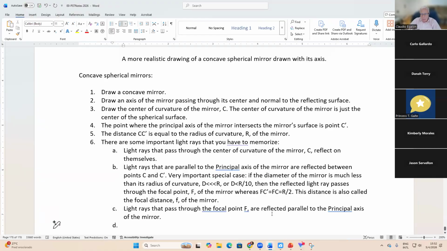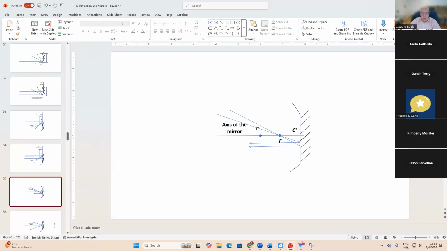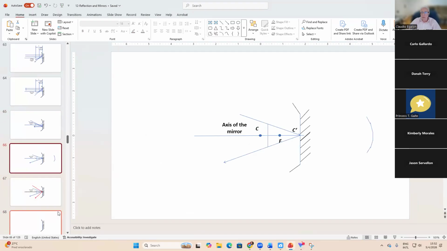And one final light ray that I want you to memorize, only four. In general, you're going to need only two of those light rays to find out the position of the image, okay? Another light ray that is incident at the very center of the mirror is reflected back at the same angle with respect to the principal axis, okay?